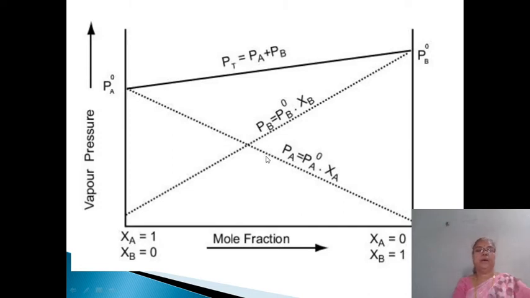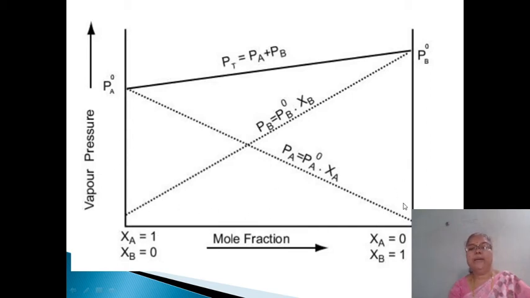And the ideal solution is the solution which obeys Raoult's law at all conditions of temperature and concentration. Remember well, the ideal solution is defined as the solution which obeys Raoult's law at all conditions of temperature and concentration.